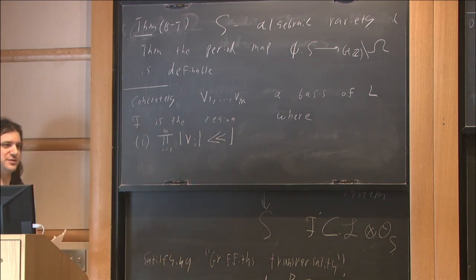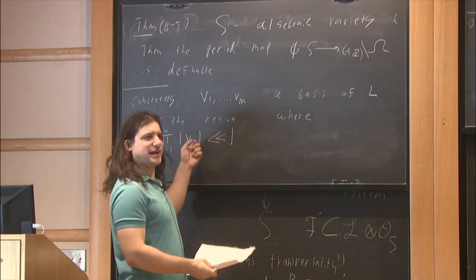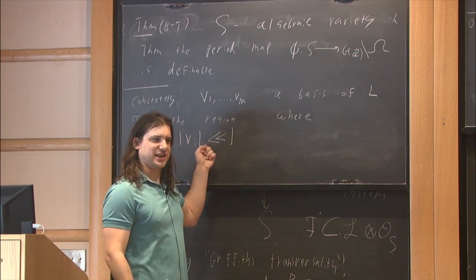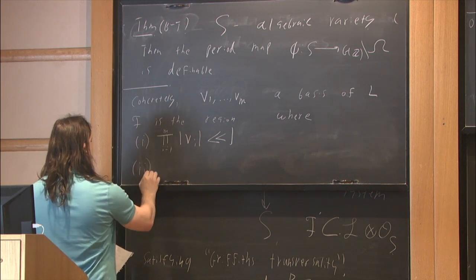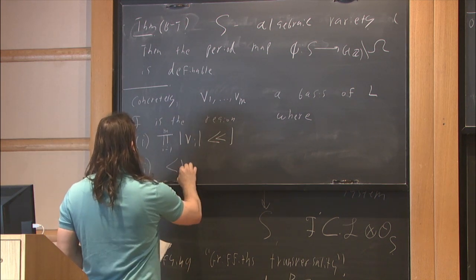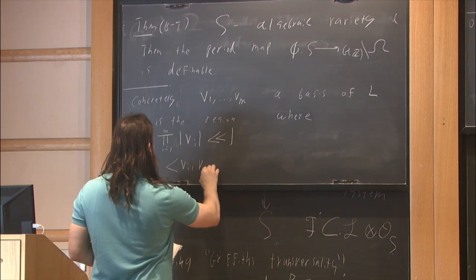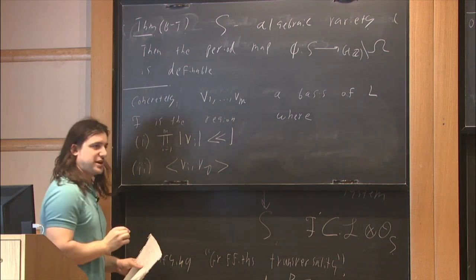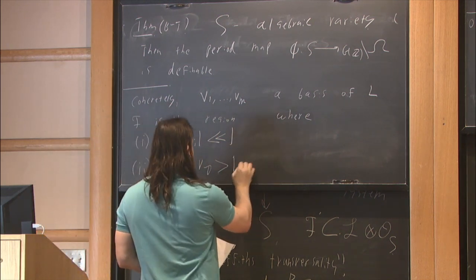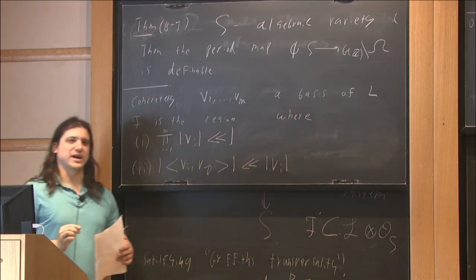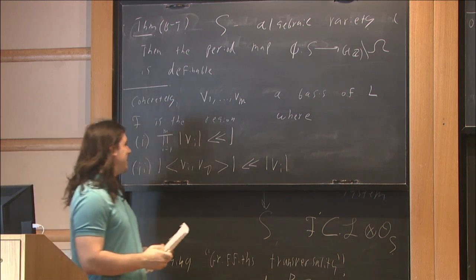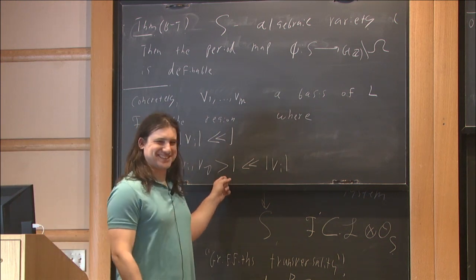It can't be smaller than 1, but it's not much bigger than 1. I haven't defined Hodge norms, but you can put a Hodge metric at a given point once you have a Hodge structure. And the second one is that if you look at the Hodge inner product between two different guys, it's not much bigger than the norm of either one of them.